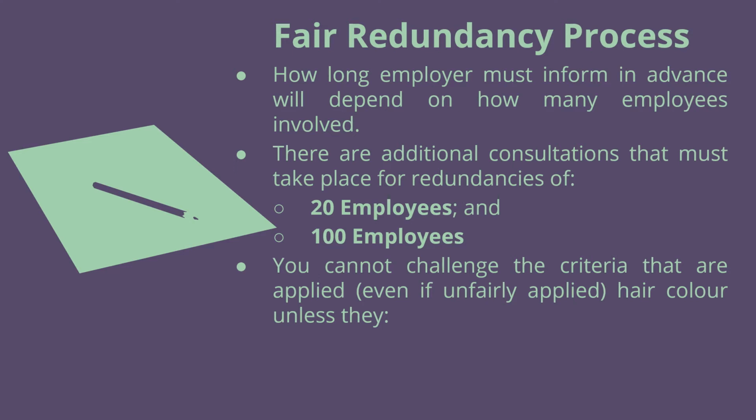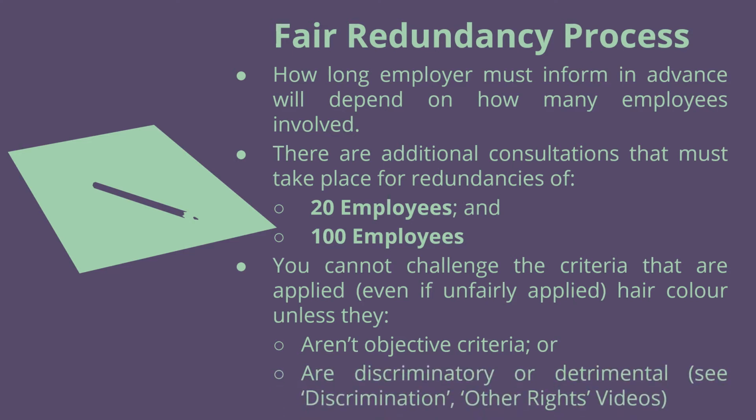The only time where this isn't true is if the criteria are not objective, so for example, you're marked down for having the wrong hair colour when this has nothing to do with your job, or the criteria, or way in which they are applied, represent a detriment or are potentially discriminatory. We will be dealing with these sorts of claims in other future videos.